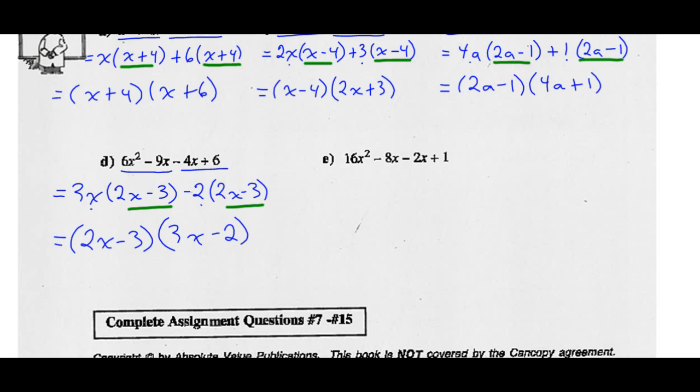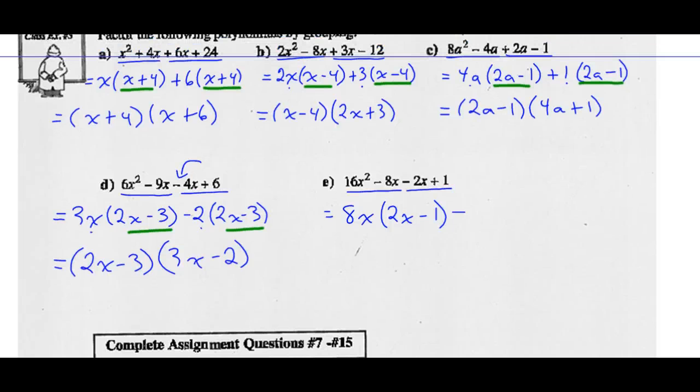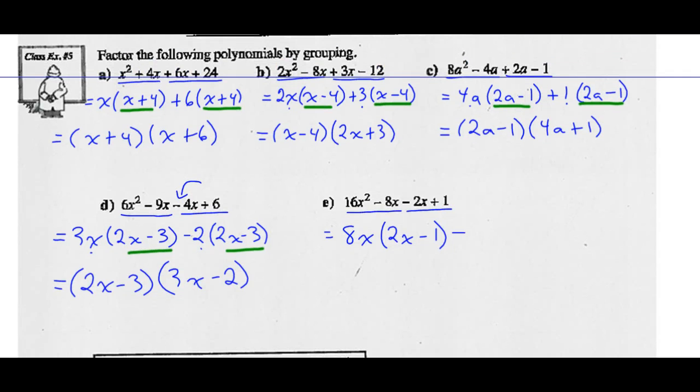Last one, E. Group the first two terms. First two terms have a common factor of 8x. Divide both terms by 8x. 16x squared divided by 8x is 2x, and minus 8x divided by 8x is a minus 1. I look at the last two terms, negative 2x plus 1. They have nothing in common. But like I said, if that first term is negative, it's usually good to factor out the negative sign. And I said earlier, if they've got nothing in common, we still take out a 1.